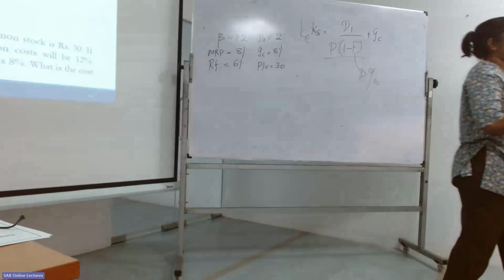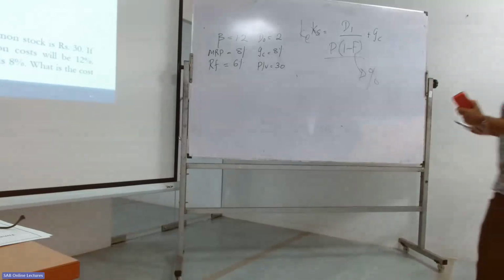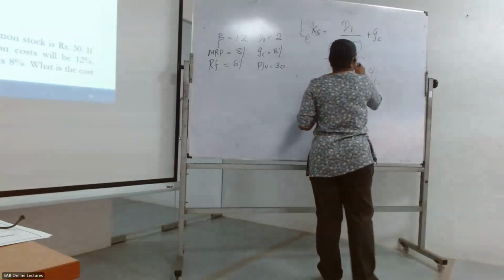What is the flotation cost? Issuing cost. When a company is issuing new shares, certain costs are there. They have to pay the investment banks, they have to pay the underwriters, they have to pay certain documentation charges, some certain things related to the new issues. All these things are included in this flotation cost.